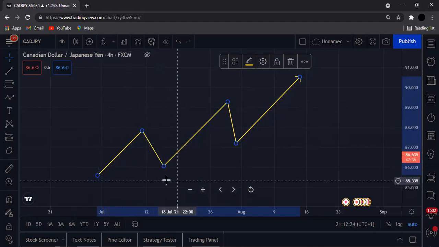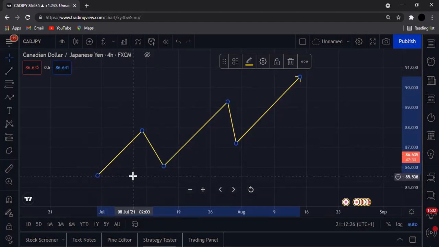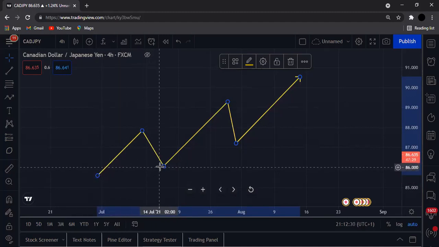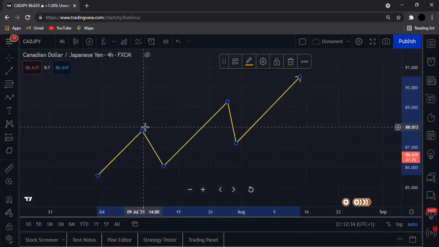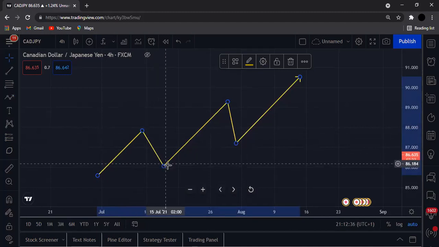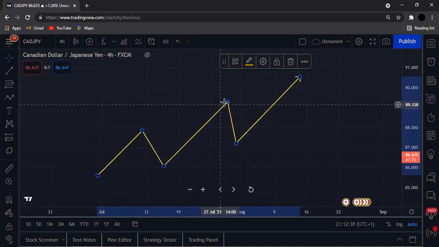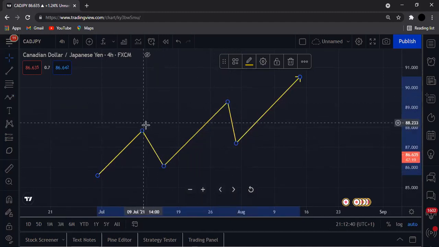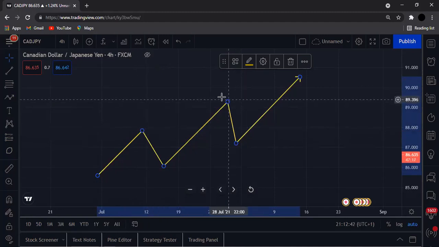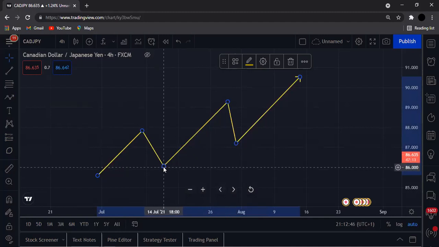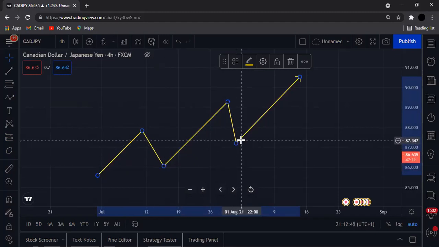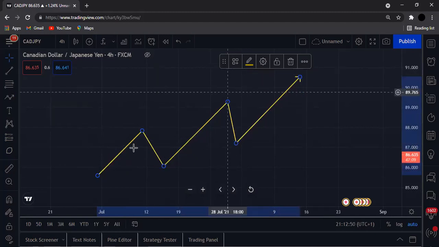Take note, they are not on the same horizontal position. It's higher than the previous low. So this is a higher low compared to this. This is a higher high, higher than this previous high. That's why they call it a higher high. Then a higher low, higher than the previous low. Then this is another higher high.